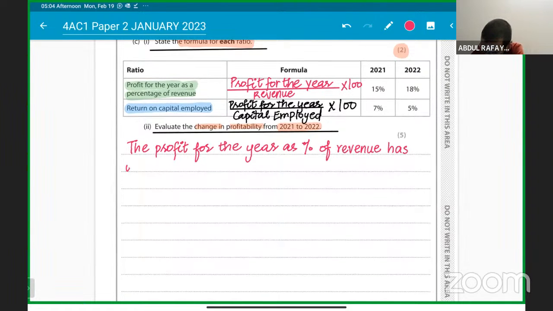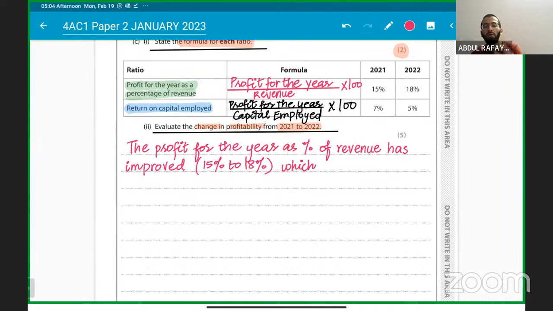You'll get 1 mark for writing has improved. So it has improved by nearly 3% over the year.